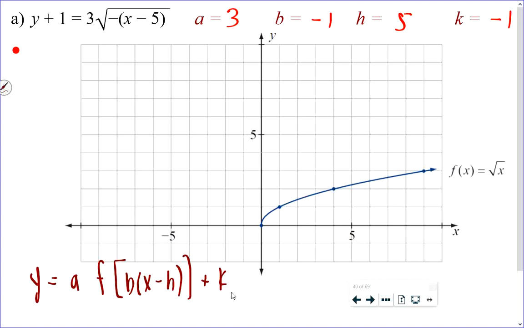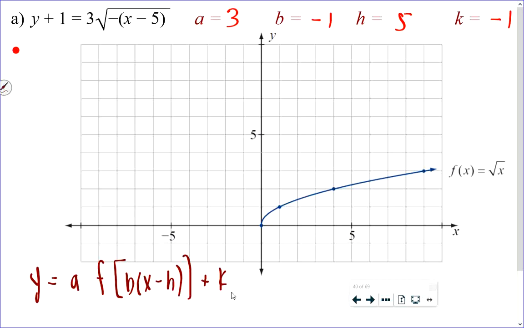I'm not going to write this down. I don't mean to belabor the written response concept, but if it were written response, you would clearly explain all of this. But you should know that we need to stretch this vertically by a factor of 3, because a is 3. You should know we need to horizontally reflect this across the y-axis, because b is negative 1.